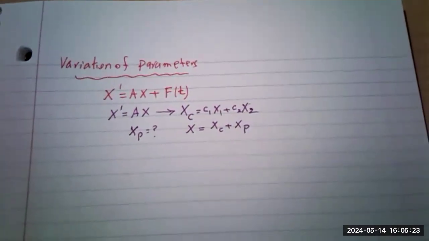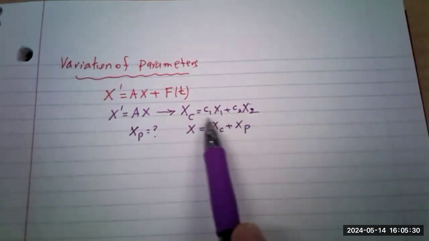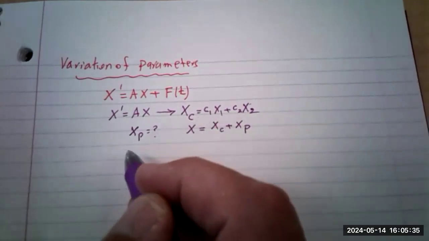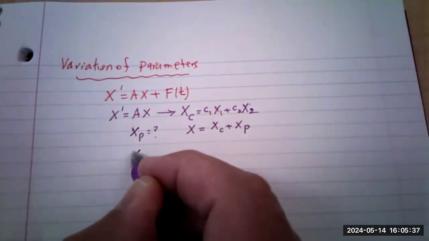So the method that we created was just the method of variation of parameters. We change this solution into matrix form. The matrix form that we suggested was this one.